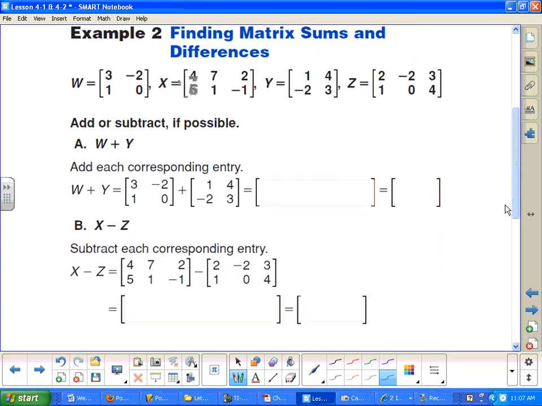All right, so here we have 4 matrices, and we're going to add and subtract some of them, if possible. Let's go through the dimensions first of all and write those down to help us out. Our first matrix, W, is a 2 by 2. X is a 2 by 3.